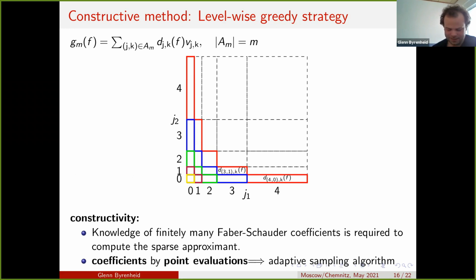The point is that we need more information to generate our approximant than we finally use in it. So m-term approximation gives us in some sense a benchmark quantity for compression problems.